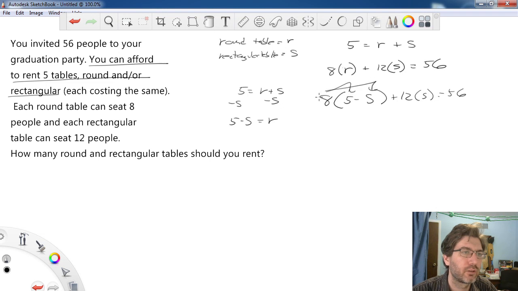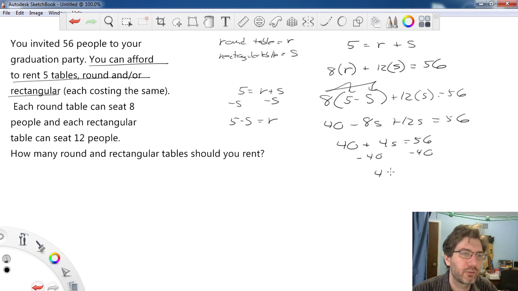Distribute. 5 times 8 is 40, minus 8 times S is 8S, plus 12S equals 56. Negative 8S plus 12S gives you 4S, plus 40 equals 56. Subtract 40.